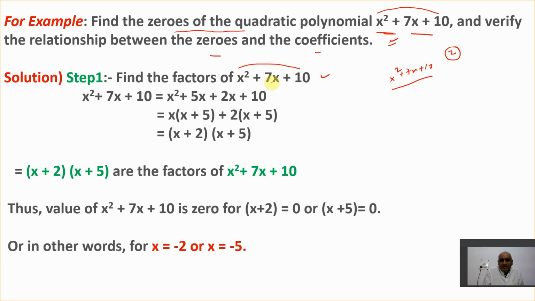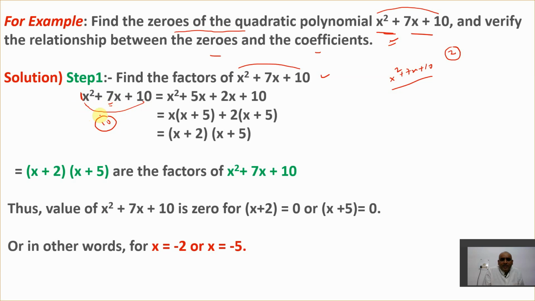This is x square plus 7x plus 10. So how to find the factors of this? You need to see the product: 1 into 10 is 10, and the middle term is 7. So you need to break the 7 into such factors that the product is 10.